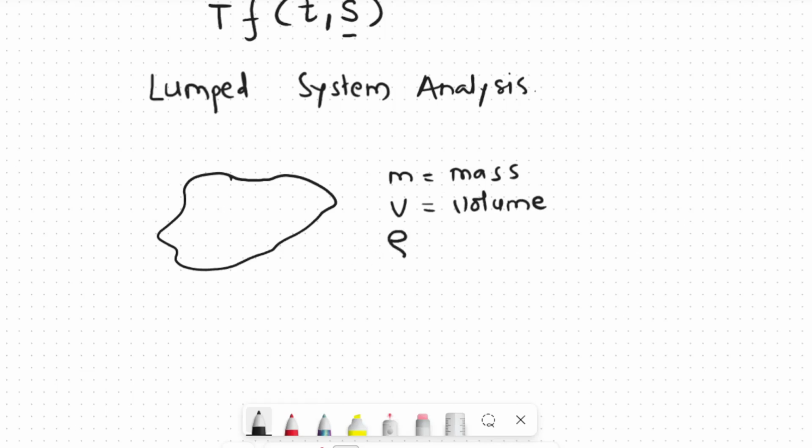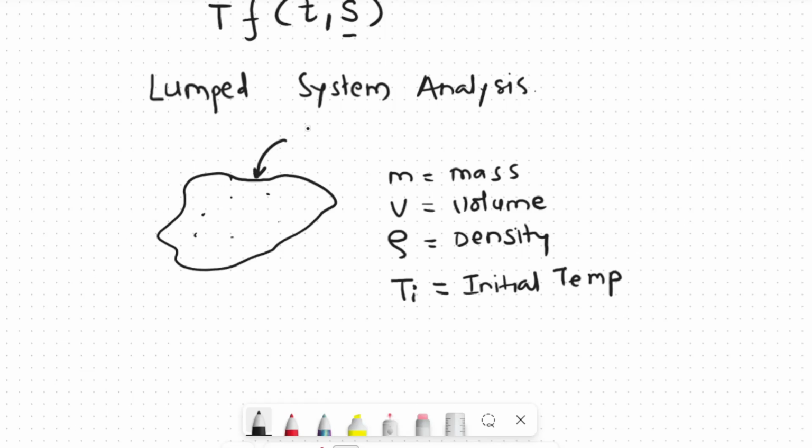Then suppose rho is the density of the material of the body, and let us say that Ti is the initial temperature. Okay, now this is the body that we are talking about.